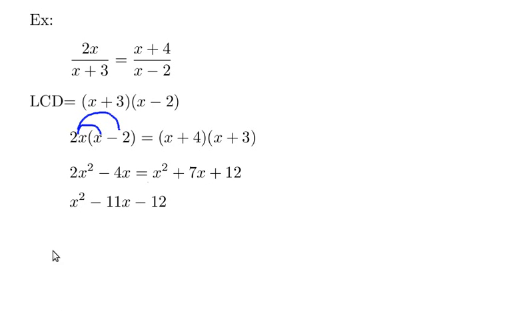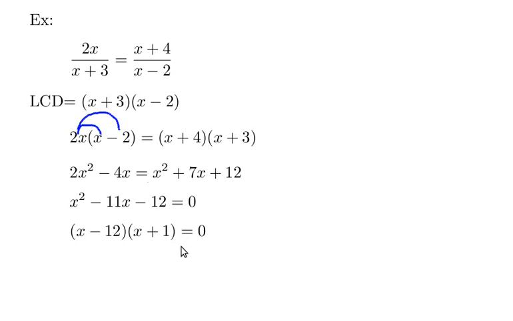There's no like term over here to combine, and all of that equals 0. So now let's see if we can factor that. Turns out that we can. That is equal to x minus 12 times x plus 1 equals 0.